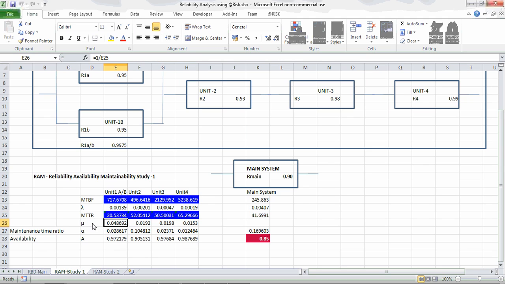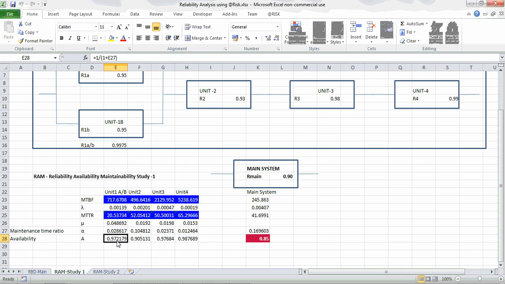Mu is again the inverse of MTTR, and alpha is nothing but the ratio of MTTR divided by MTBF. And the formula of availability is 1 by 1 plus alpha.